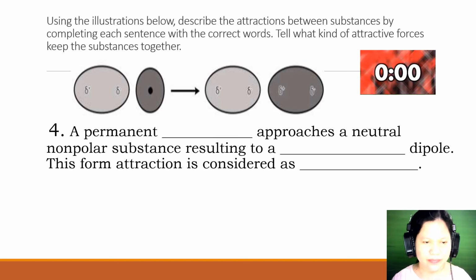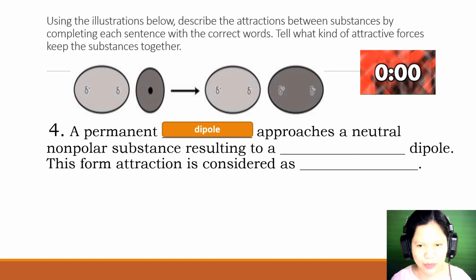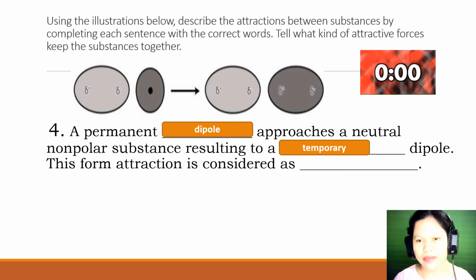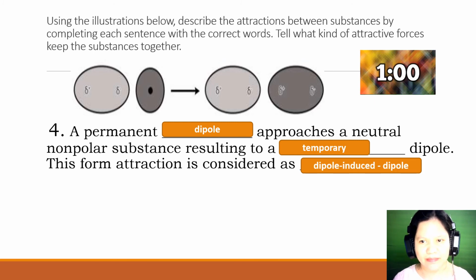So let's check. The first blank is a dipole approaches a neutral nonpolar substance, resulting in a temporary dipole, and this attraction is considered as dipole-induced dipole. Okay, last.